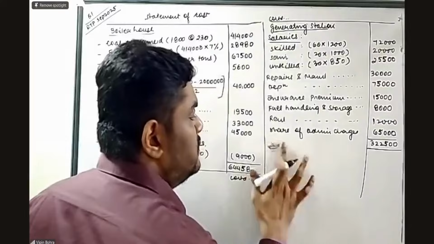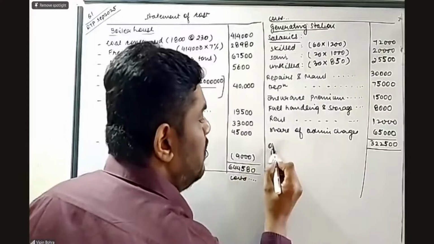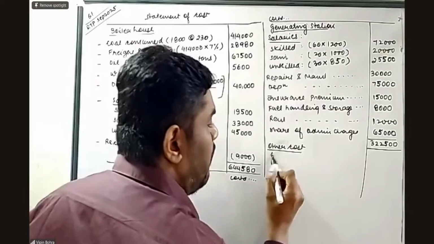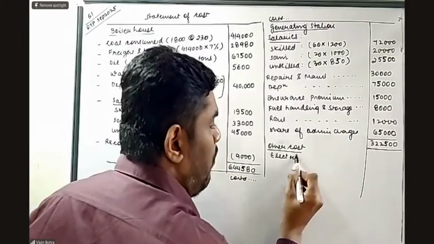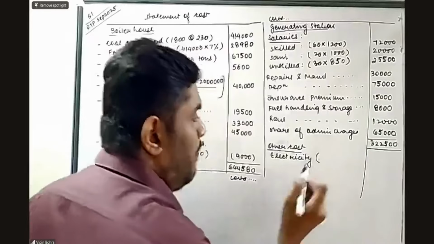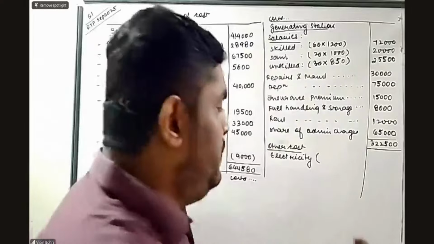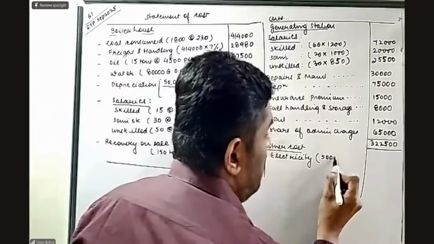So let's name it as other cost. You have purchased electricity 5,000 units at the rate 6.